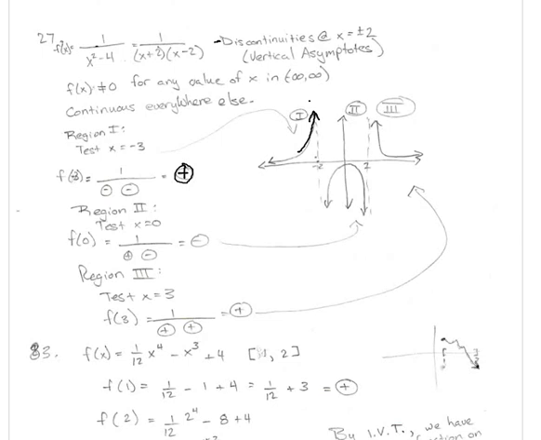So, in our second region, we choose a test point of 0, and 0 plus 2 is 2, so that's a positive value, and 0 minus 2 is a negative. So we have 1 over a positive times a negative, so that gives us a negative value.